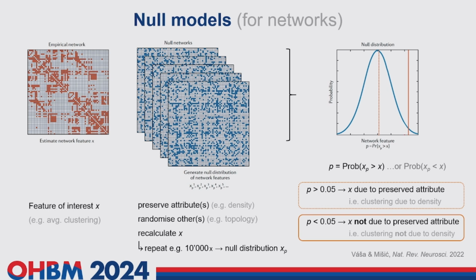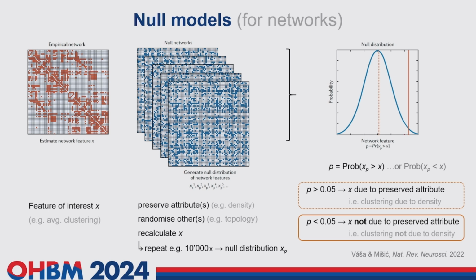So we've taken our network, we've kept the same number of nodes, same number of edges, we've shuffled the connections, and then the null hypothesis here is that we've shuffled the patterns of connections, we'll get a similar amount of clustering on average in that shuffled population.